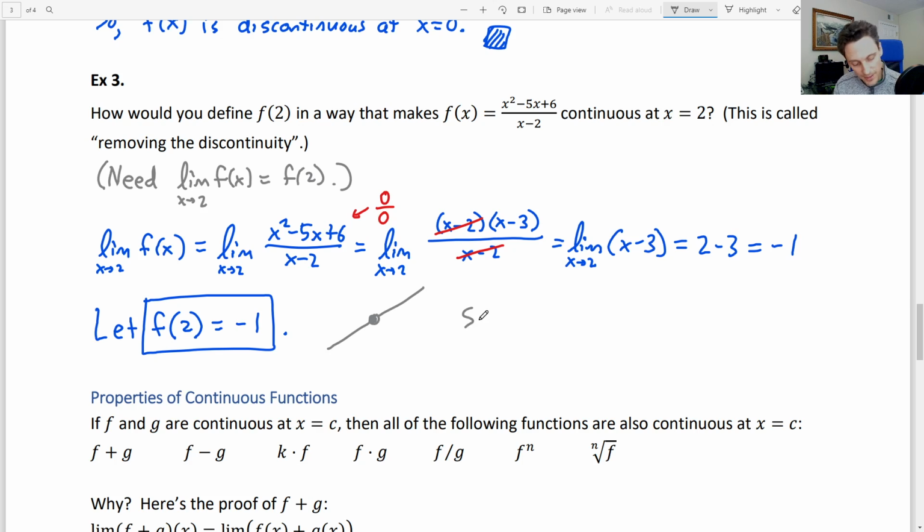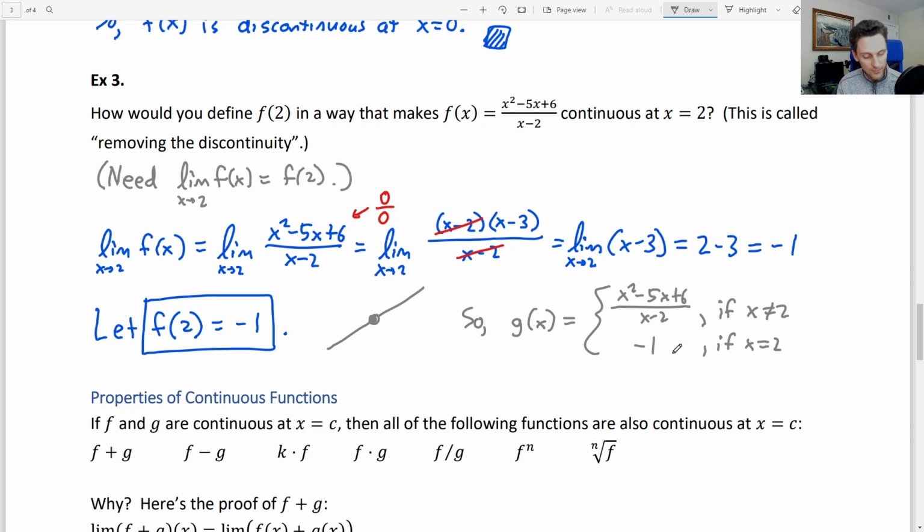Now that new function we could call g of x might look like this, a piecewise defined function where the g of x function is just like f of x everywhere except for 2, and at 2 we're going to define our function to be negative 1.